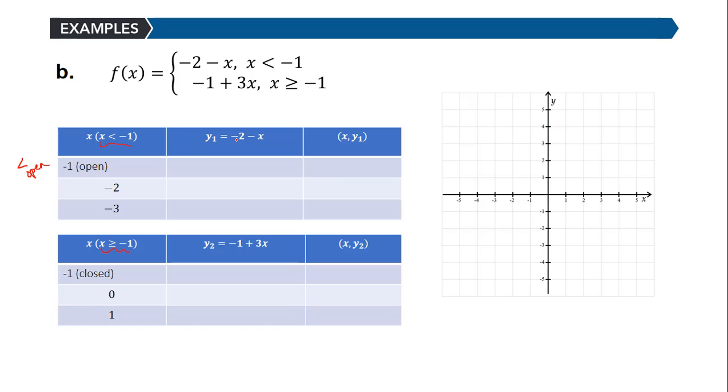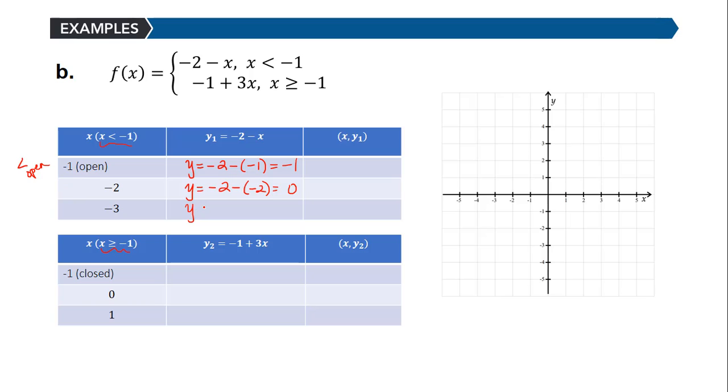Well, my y value is found by plugging into negative 2 minus x. So when x is negative 1, I get y is equal to negative 2 minus, in parentheses, negative 1, which is negative 2 plus 1, or negative 1. When x is negative 2, I get y is equal to negative 2 minus, in parentheses, negative 2, which is negative 2 plus 2, or 0.